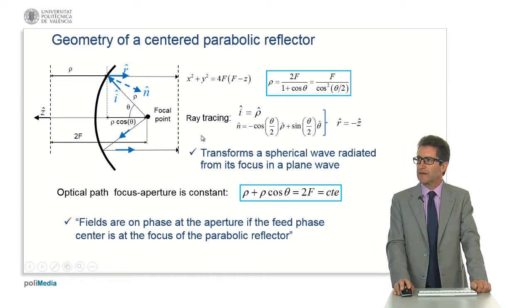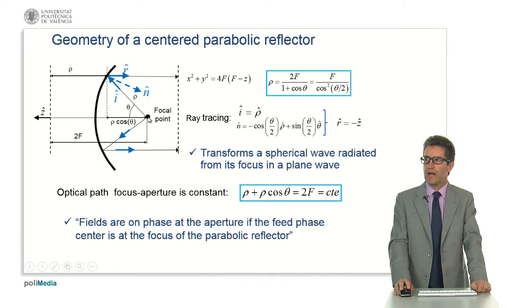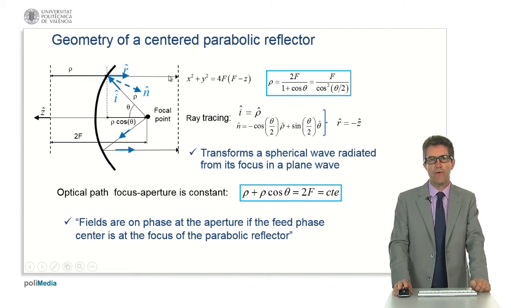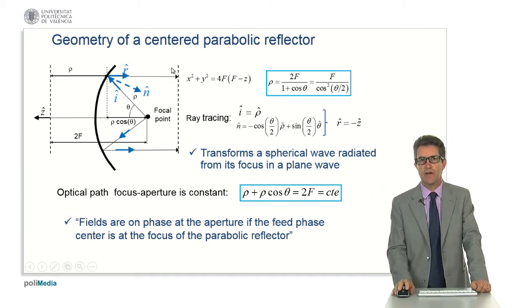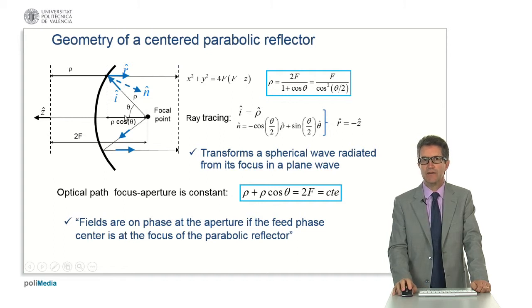And according to ray tracing, from the focal point, any reflected ray turns into a horizontal ray that goes towards an aperture, which we will consider normal to the axis of this parabolic reflector, the z axis.